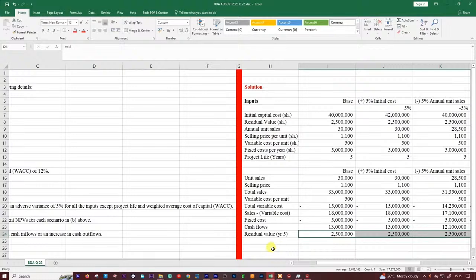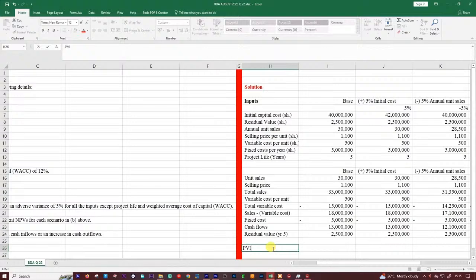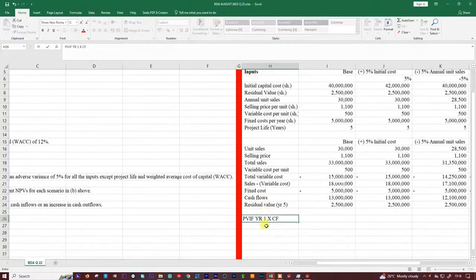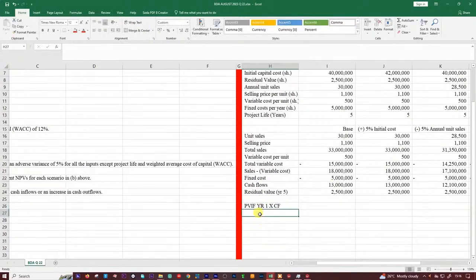So then we'll need to get the present value interest factor. Down over here we'll have PVIF, present value interest factor, year 1, times cash flow. Which cash flow? These ones here. So we'll do the same.